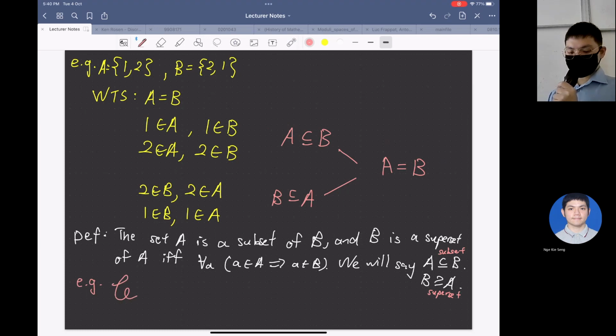For example, remember the clock, the set of clock numbers. The set of clock numbers is a subset of the natural numbers, right? So 1 to n.